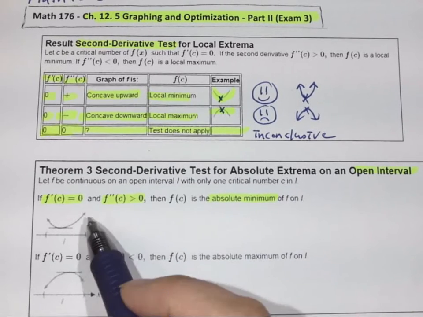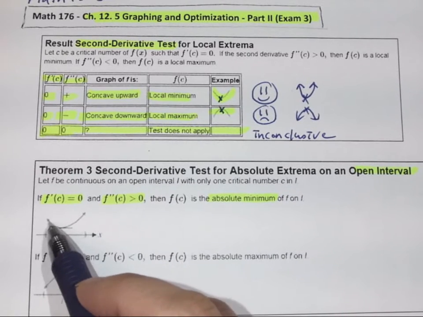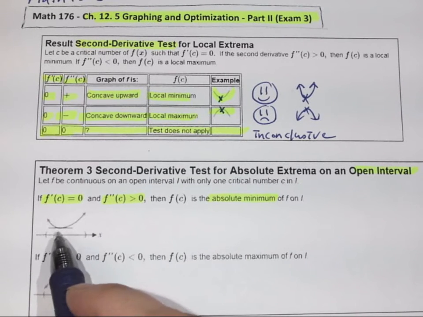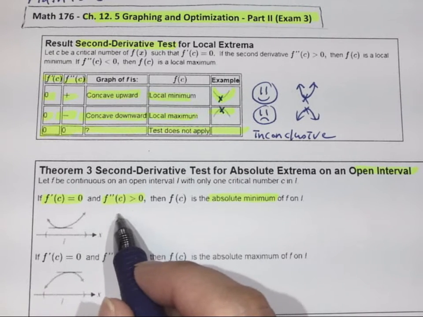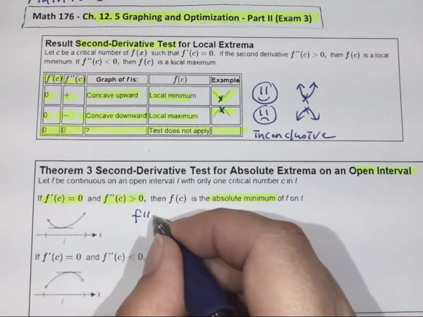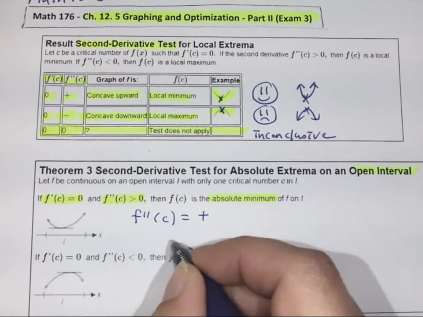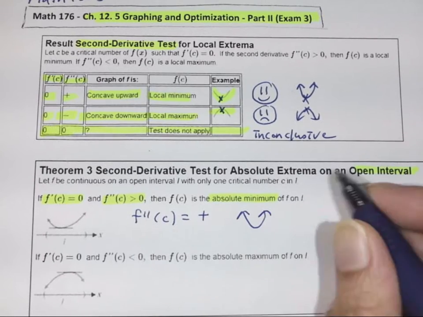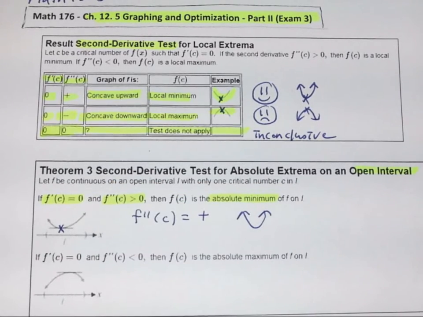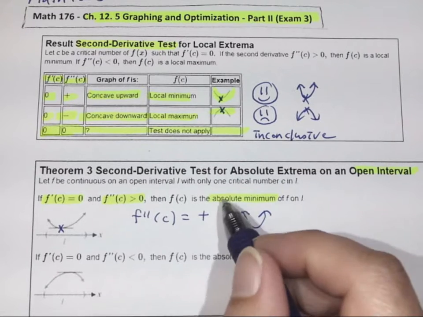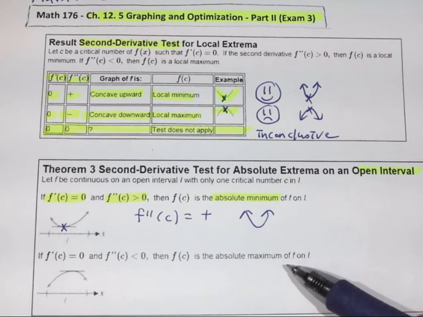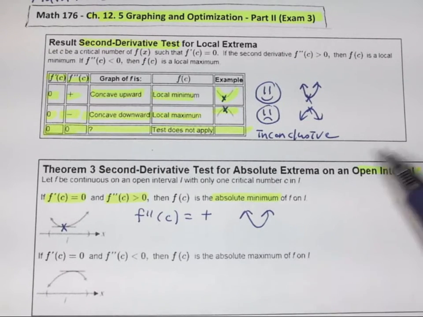Even though the domain goes forever, negative infinity to positive infinity, because it's concave up like this, with the second derivative positive, this point over here is going to be the lowest point of the graph, so it becomes the absolute minimum. It's a local minimum, but it's also an absolute minimum of the graph.